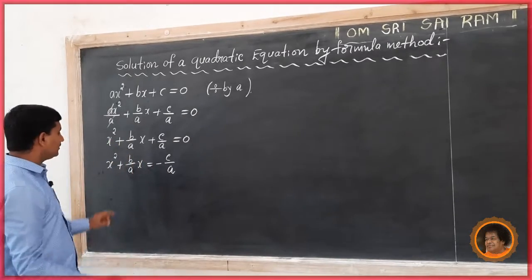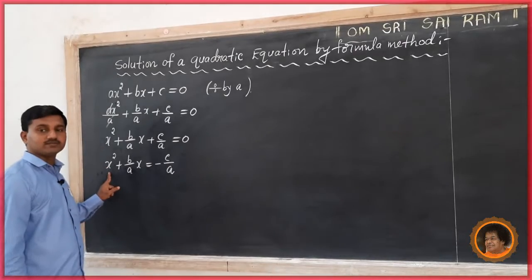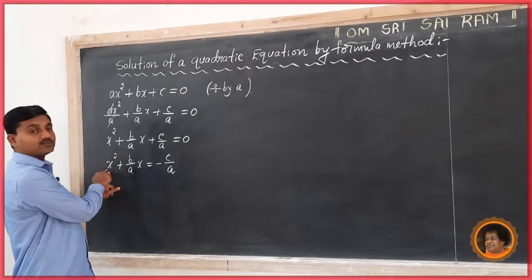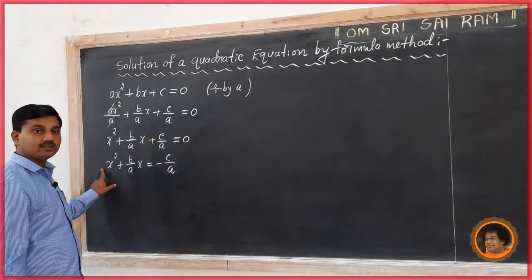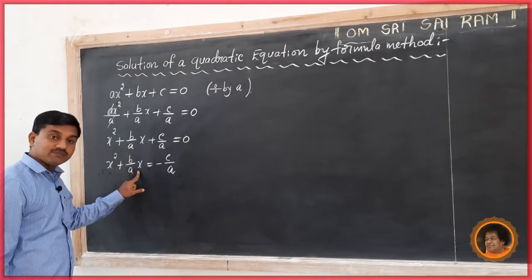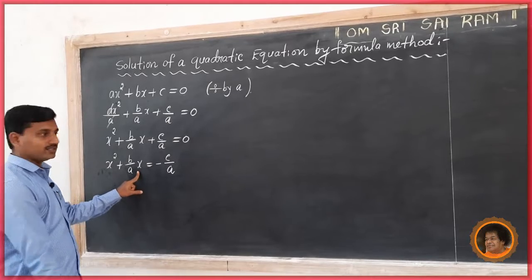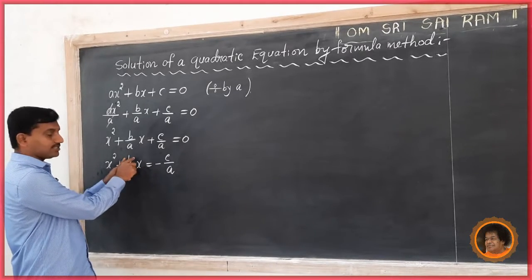Now, look at the coefficient of x square. The coefficient of x square is 1. When the coefficient of x square is 1, take half the coefficient of x. Here the coefficient of x is b by a.